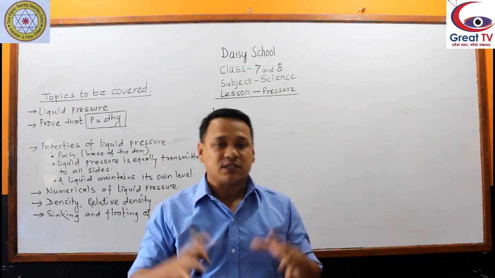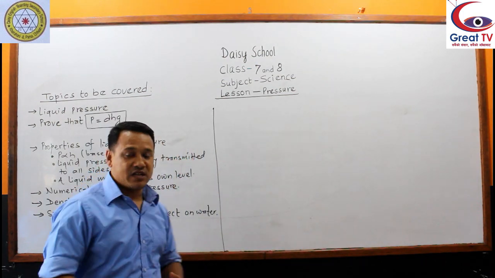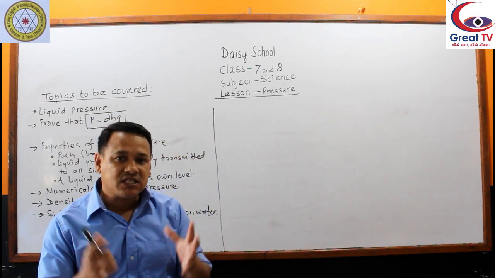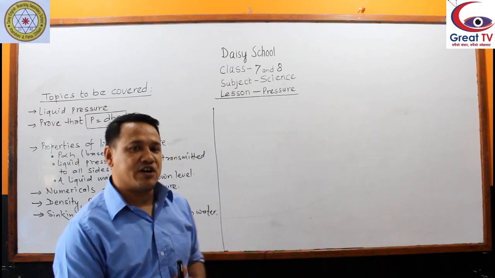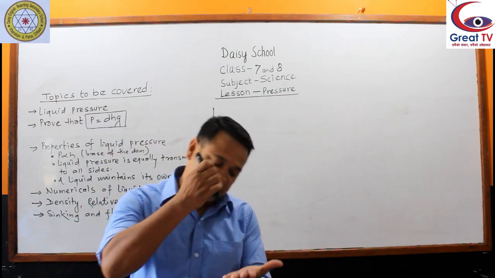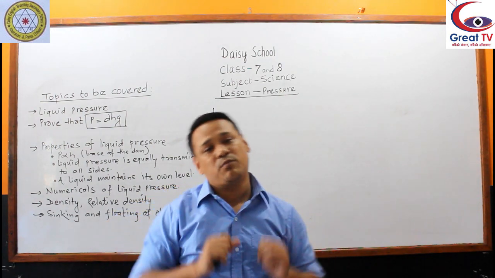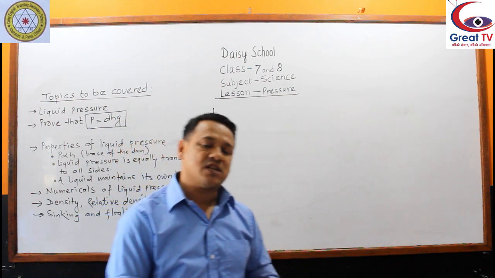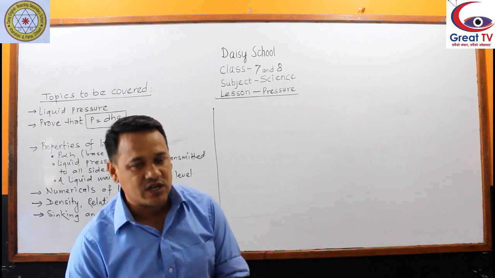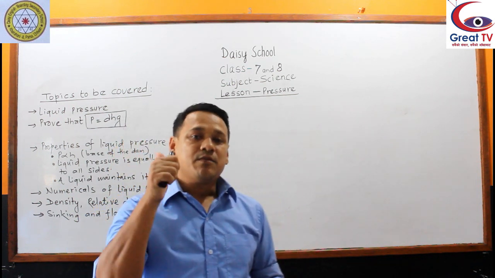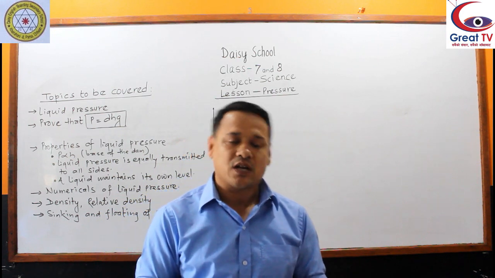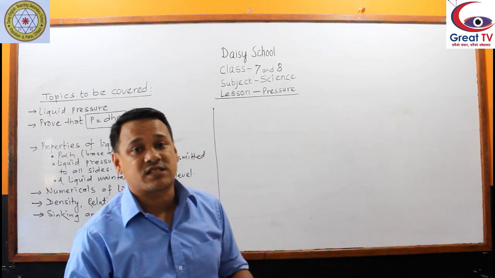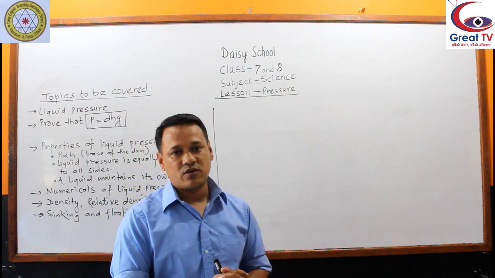Similarly, liquid pressure means pressure given by the liquid on the surface of the containing vessel, that is, on the side walls of the vessel, and at the bottom also it exerts pressure. The SI unit is the same as for pressure, the Pascal.